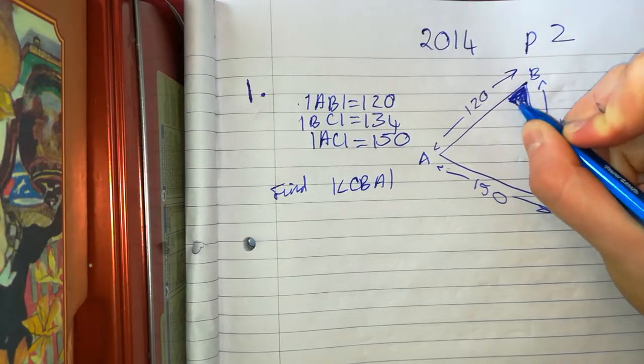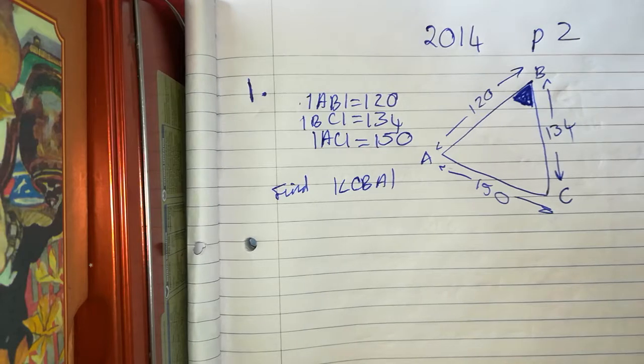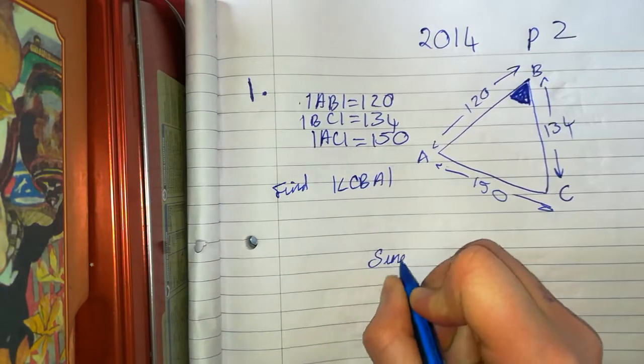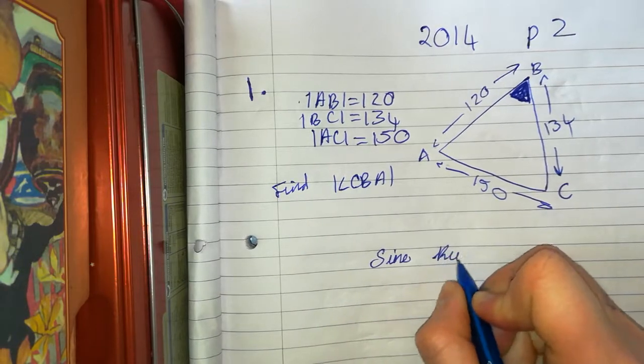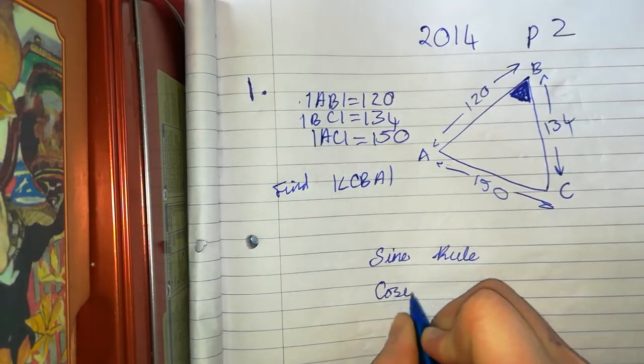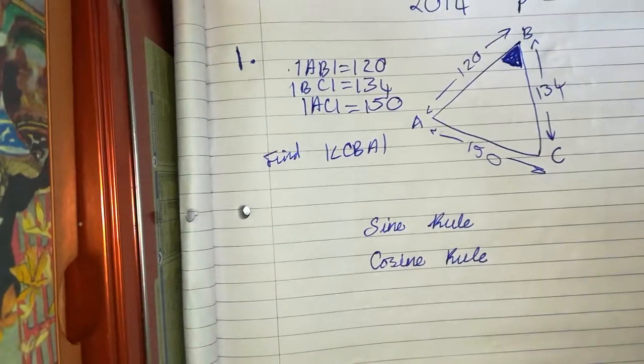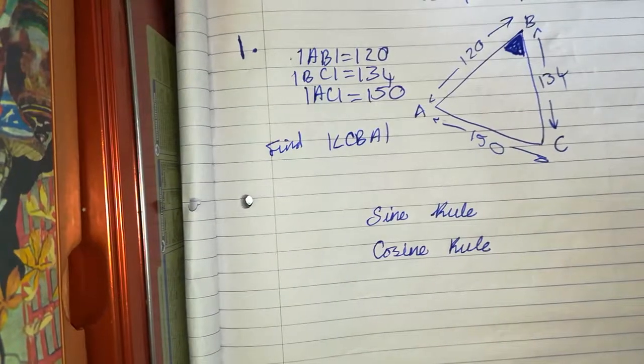Now, this isn't a right angle triangle, so we can't use Pythagoras and we can't use sin, cos and tan. The only things that we can use when we have a non-right angle triangle are the sine rule or the cosine rule. And there's a handy little trick I would use to decide: do we use the sine rule, or the cosine rule?